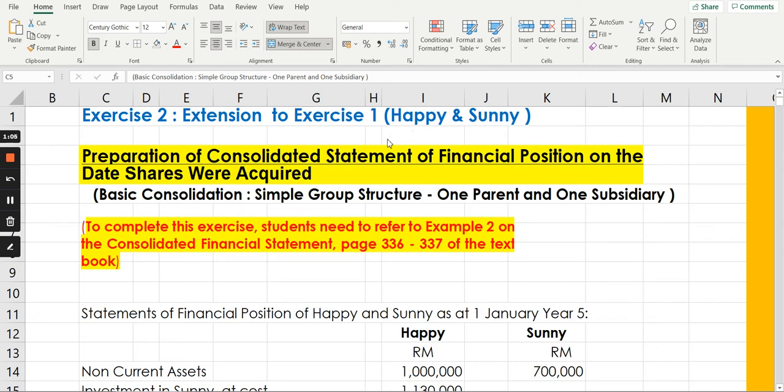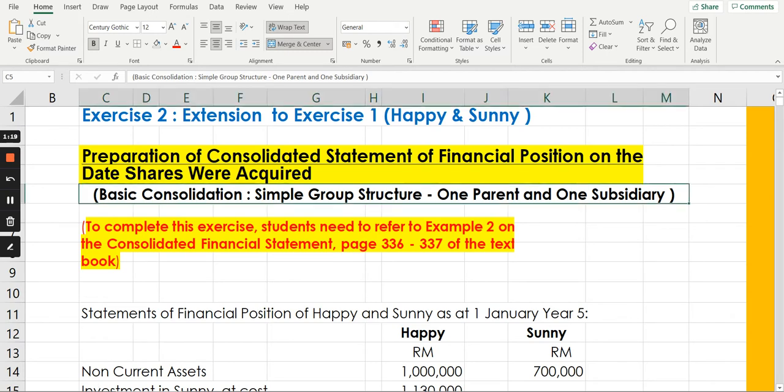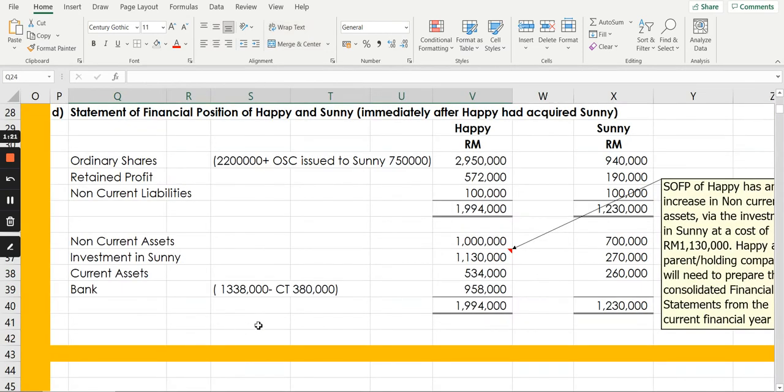Happy has shown the impact of the acquisition of Sunny in its financial statement, and Sunny has also already noticed that the shares have been acquired.